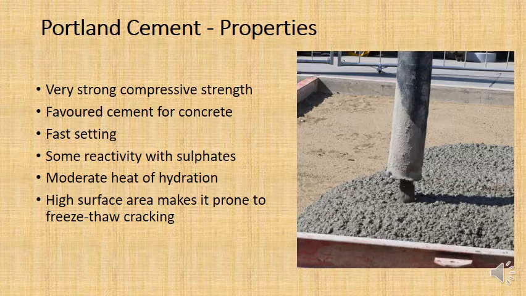The other thing that makes Portland cement a little bit problematic is if you look at the final products, the calcium silicate hydrates and calcium aluminate hydrates, they've got very high surface areas. If you were going to draw those molecules, they're sort of a star shape or pyramid shape.